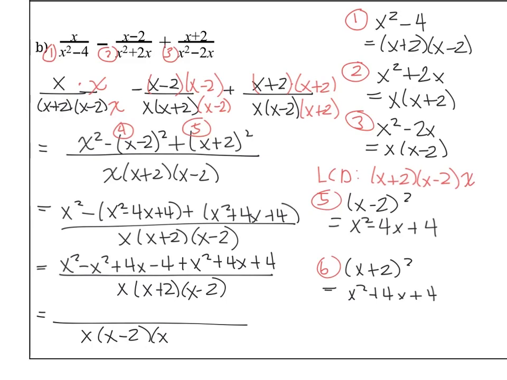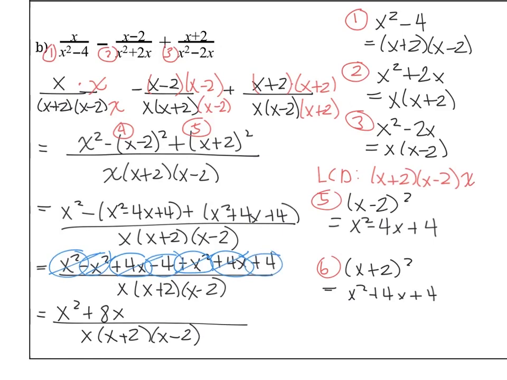Oh, I've lost a plus here. So plus 2, x minus 2. Okay, so we have x squared minus x squared. Those are going to cancel out, and we'll just be left with 1x squared. Now for the degree 1 terms, we have 4x plus 4x, that's going to make 8x, so plus 8x. And then we have minus 4 plus 4, that's going to make 0.